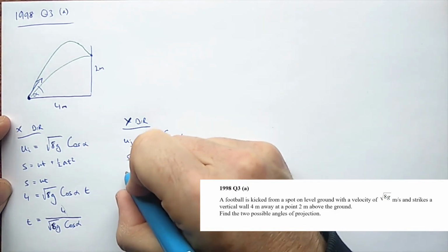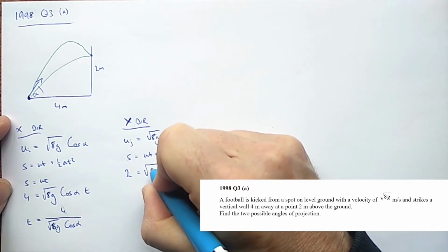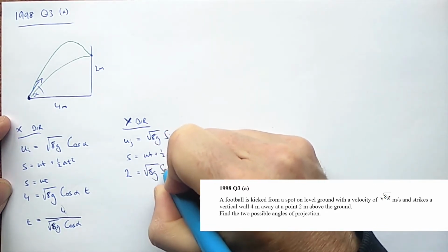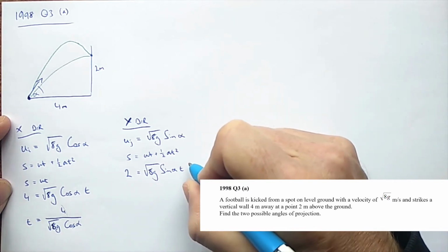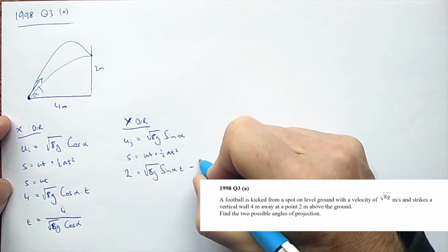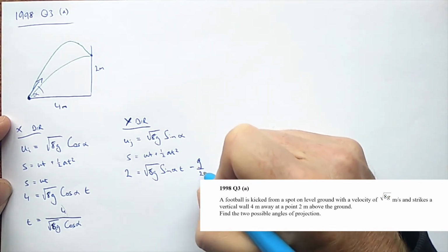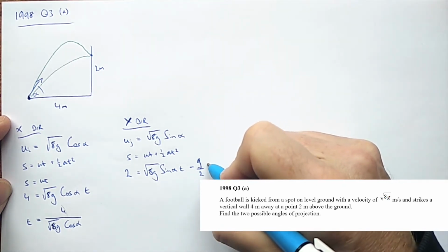We are going to know that 2, which is our distance, is root hg sine alpha t. Okay, now we're going to watch our signs because it's minus g over 2. Okay, it's a half minus g t squared.